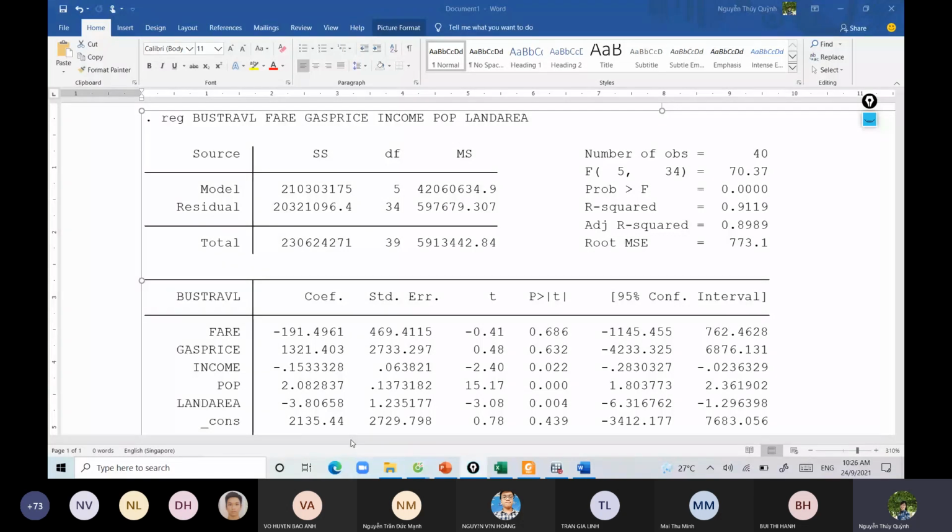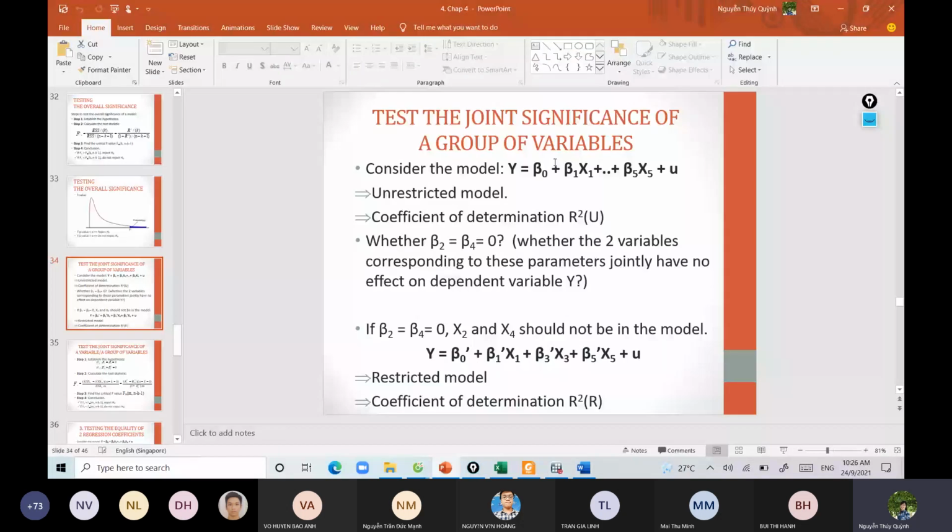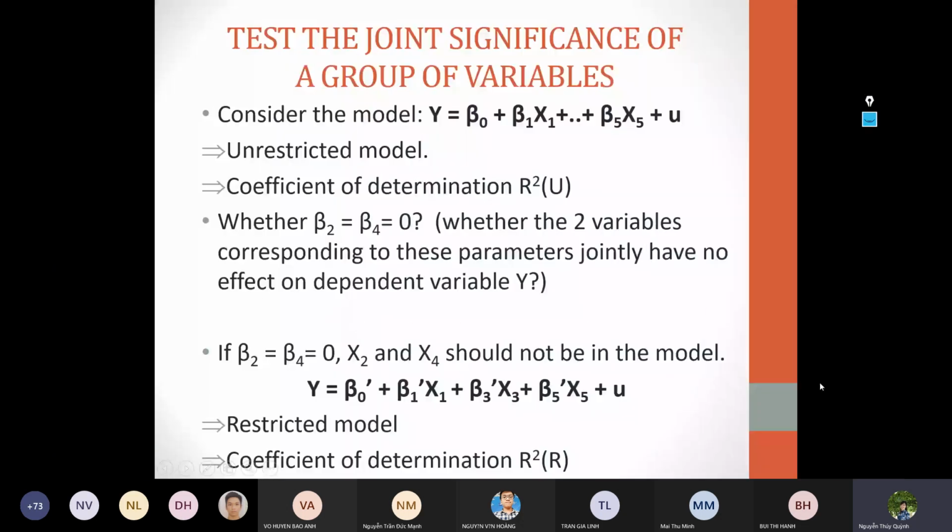That is the type of test we will study here. Test the joint significance of a group of variables, not all the independent variables in the model. If we test the joint effect of all independent variables in the model, that will be the test of the overall significance of the model. But here we just test the joint effect of some independent variables in the model.